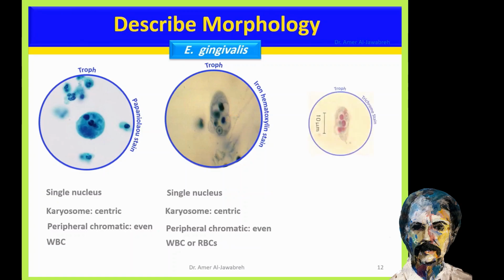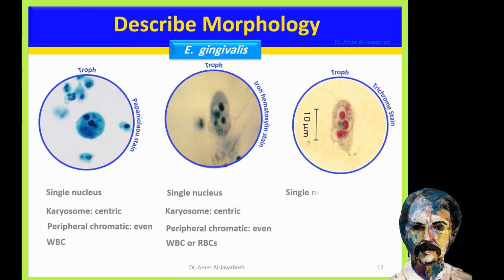Then we have a third picture, which is trichrome also. Look here. You have to have good observation: this is the nucleus, with the chromatin and the dot in the middle. And these here are white blood cells and red blood cells.